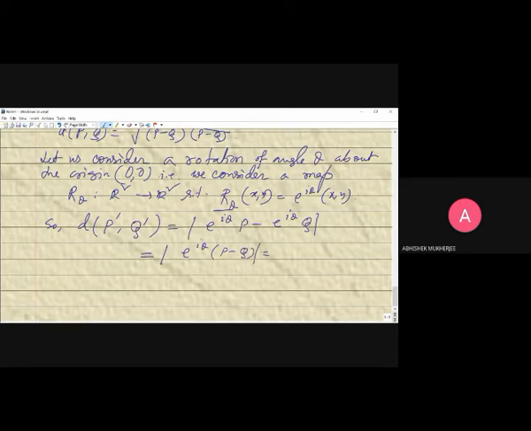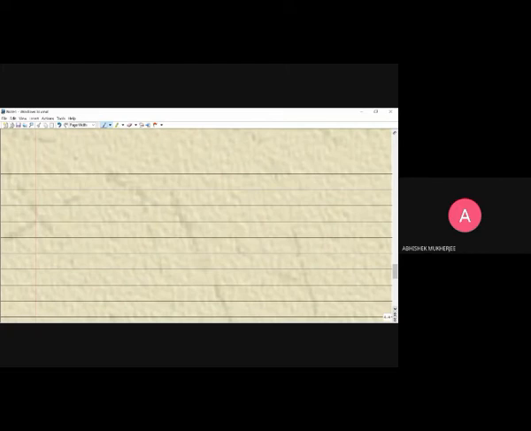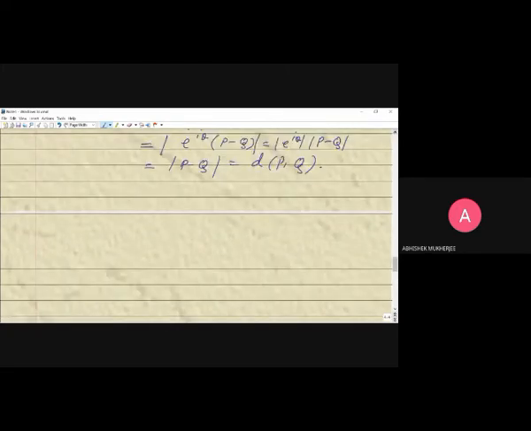Now what is the modulus of this complex number e to the power i theta? The modulus of e to the power i theta is 1. So it is the modulus of P minus Q. That means it is d of PQ. So this proves that every rotation is an isometry.